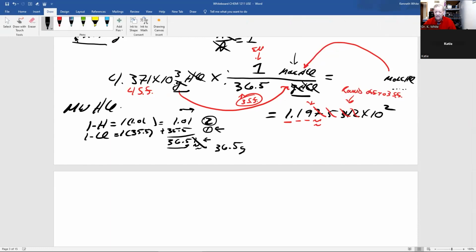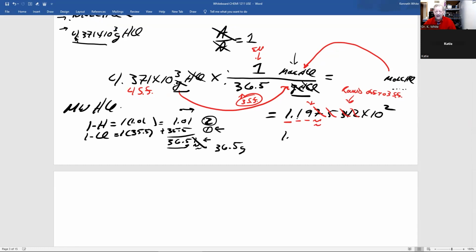That would be the number. This rounded off to three significant figures is 1.20 times 10 squared moles of HCl.